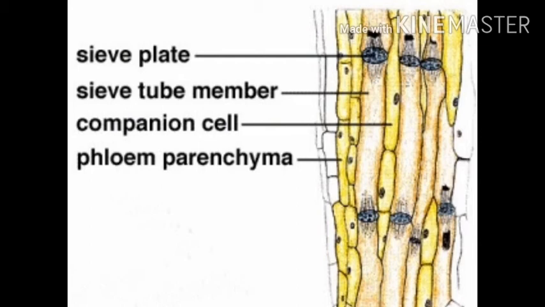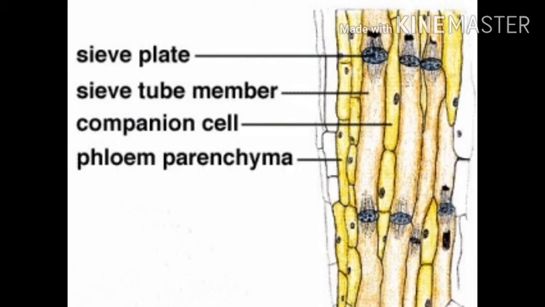The medium of this transportation is water. Some points we have discussed here that you should always remember: the xylem tissue contains 4 types of cells. Those 4 types of cells are tracheids, vessels, xylem parenchyma and xylem fiber.